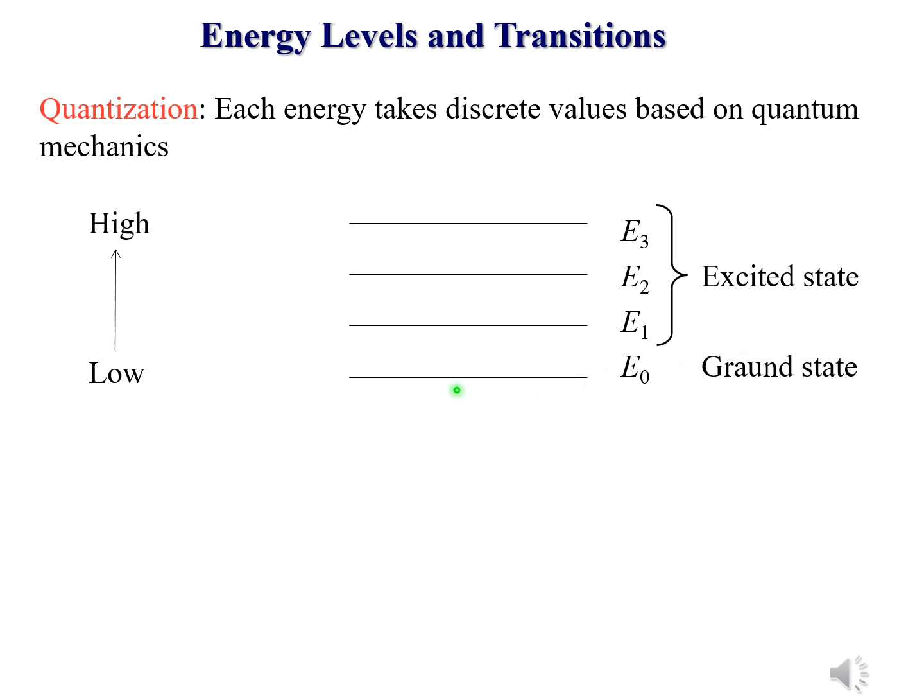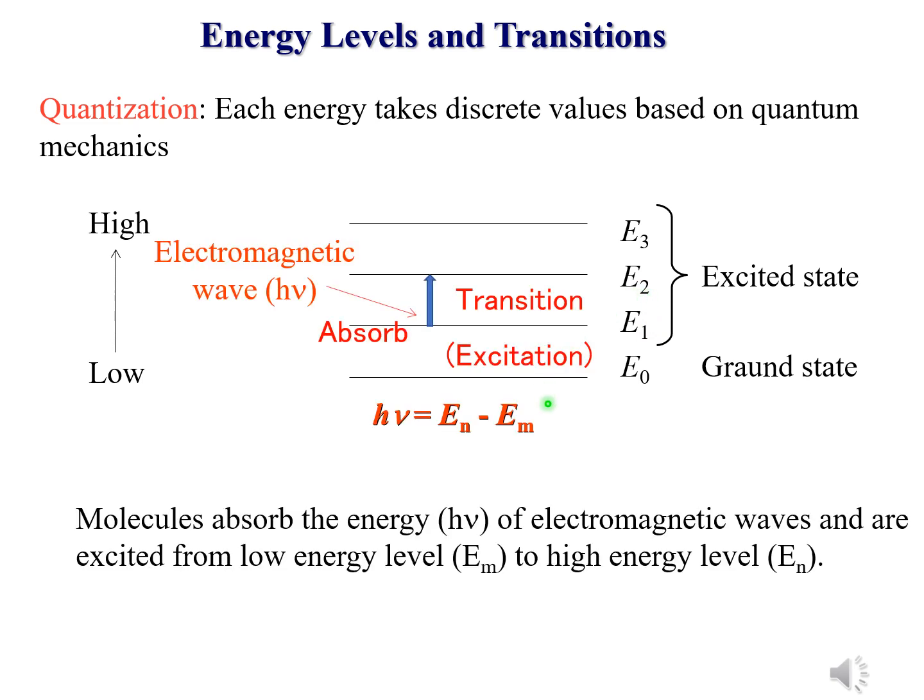Since the energy of a molecule is quantized, it takes a discrete energy level from low energy to high energy. The lowest possible energy state is the ground state, and the higher energy states are the excited states, which are called the first excited state and the second excited state in order from the bottom. The change in the energy level by absorbing or emitting electromagnetic waves is called transition.